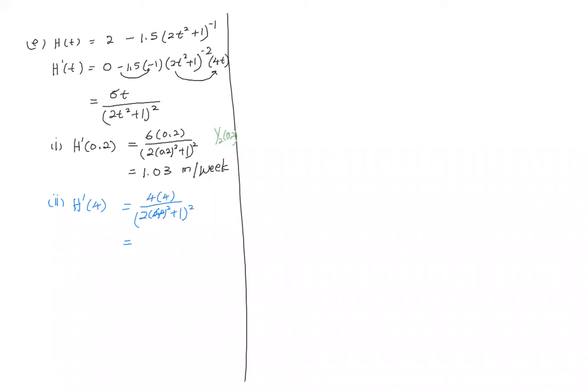Yes, 6 times 4, you are right. Christopher, what is the answer? 0.02? Three significant figures, please, Christopher. 220. Okay, meter per week.